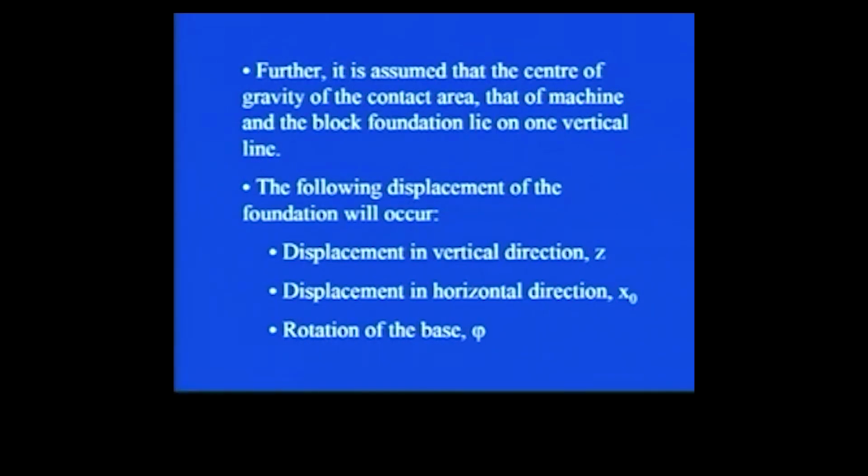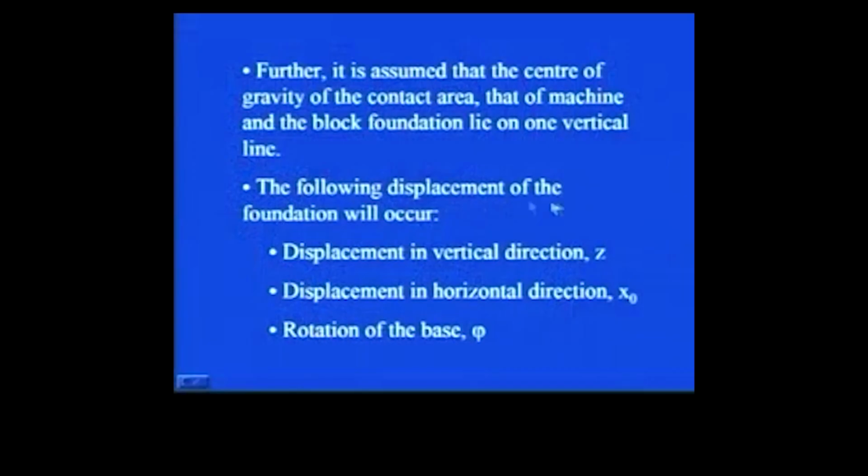So we see to it that there is no eccentricity present in the system as far as loading is concerned, and that is why we try to see to it that the line of action of the load and the CG of the machine and foundation lie on the same vertical line.